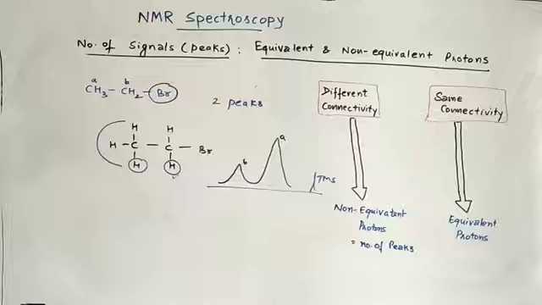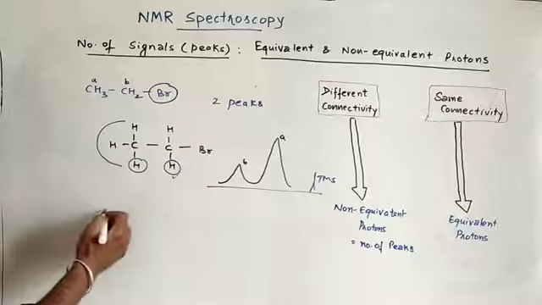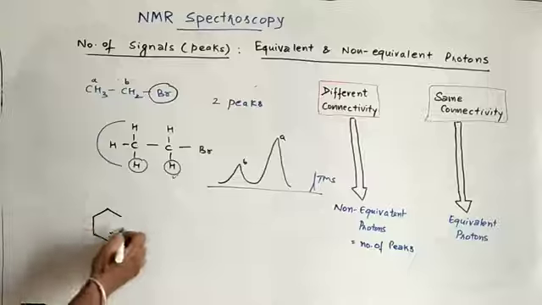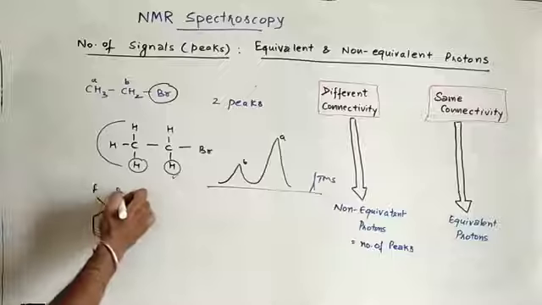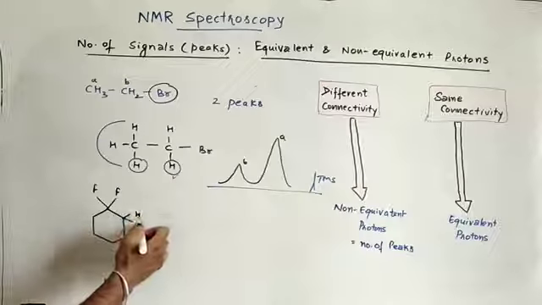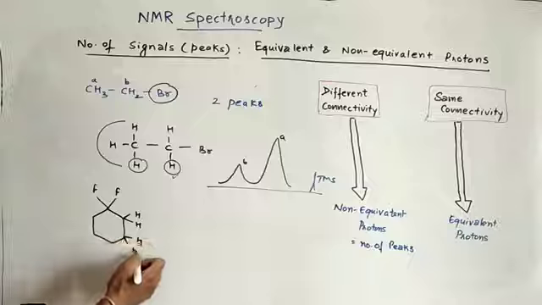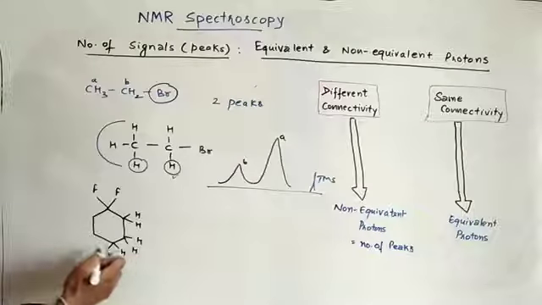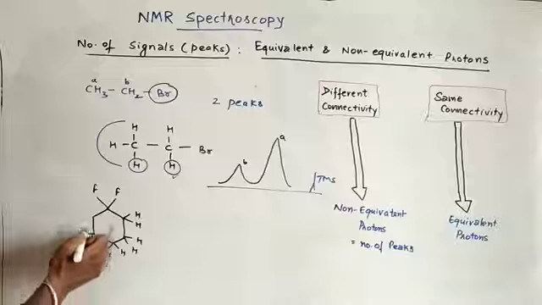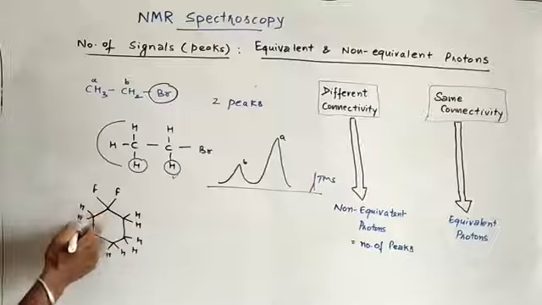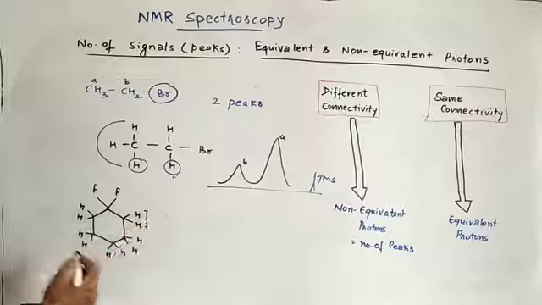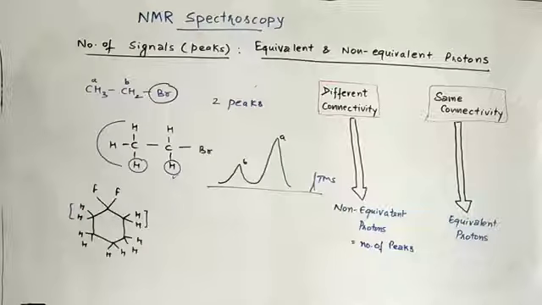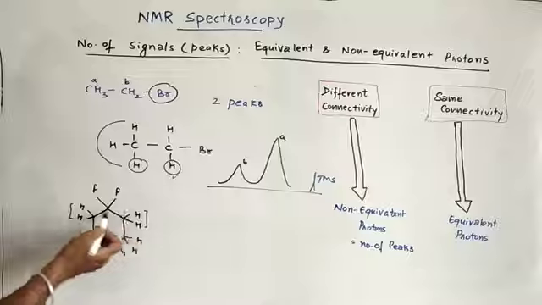Okay, in the next example, suppose we have a ring. Here we have fluorine. Here we know that there are 2 hydrogen on each carbon. How many signals will this compound give? See, these 2 protons are equivalent. These 2 protons are equivalent. Now compare these.